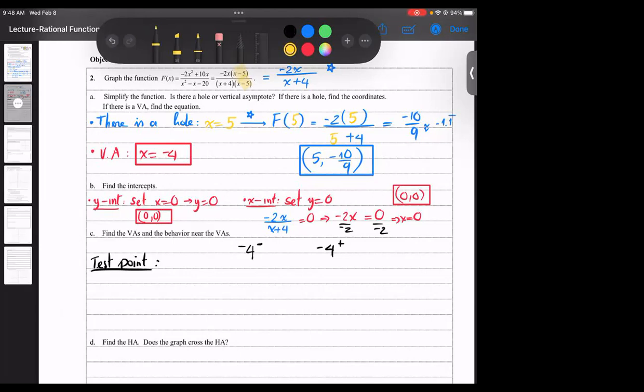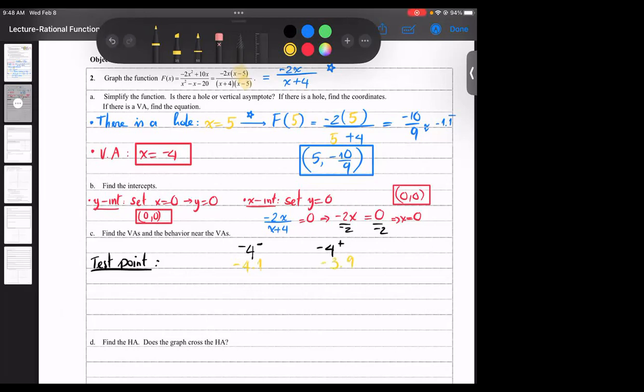So someone pick me a value to the left of -4. -4.1, right? To the left. -4.1. And then -3.9 would be to the right.